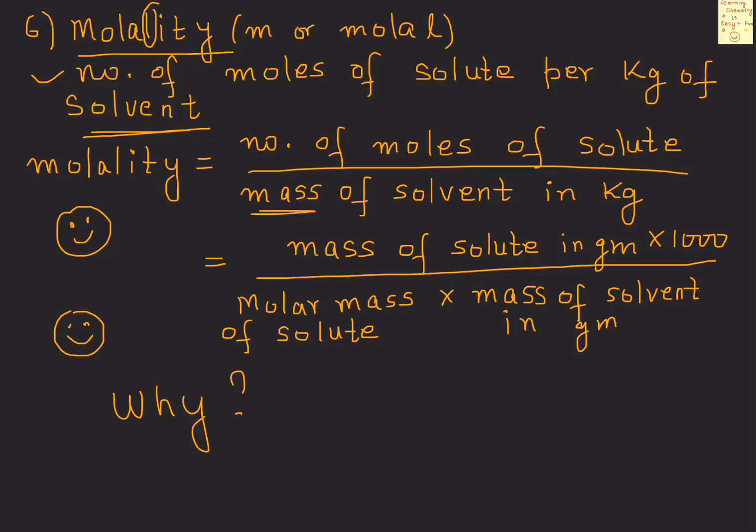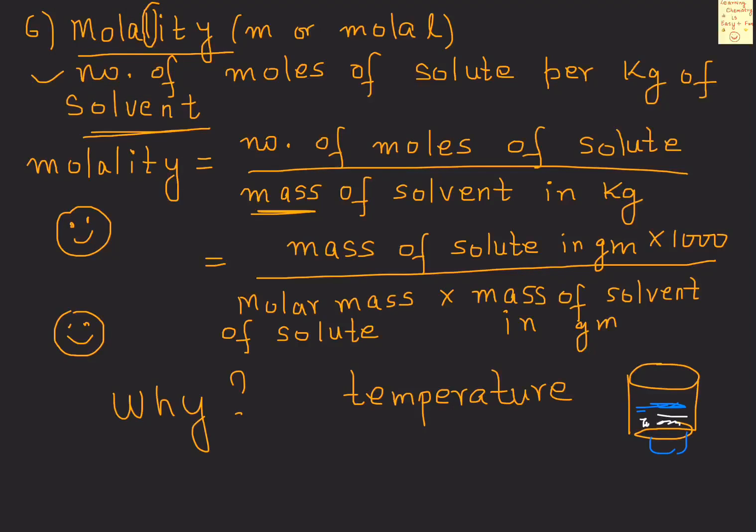There's a big difference. We are talking about the mass of solvent in kg. You see, when there is a change in temperature, simple example, if I heat a beaker containing salt and water, now I've got some salt dissolved in it and there is water. Now what happens over here?